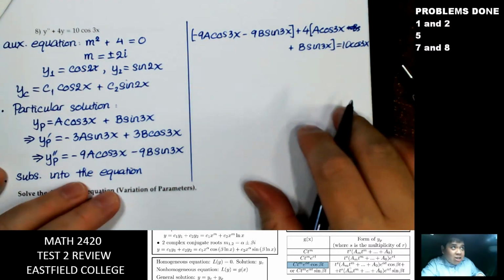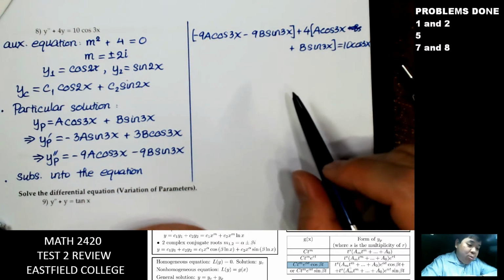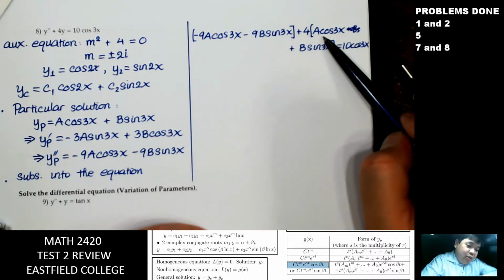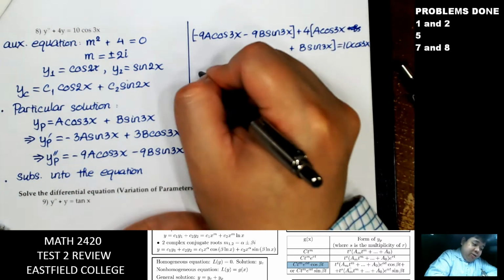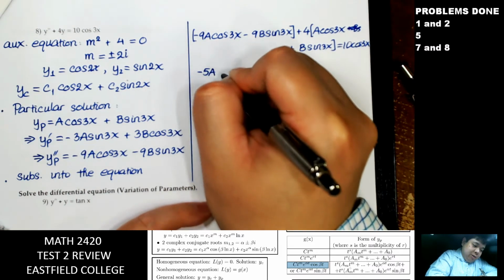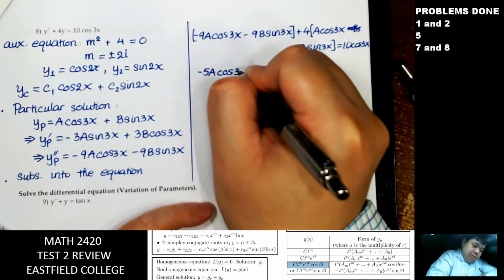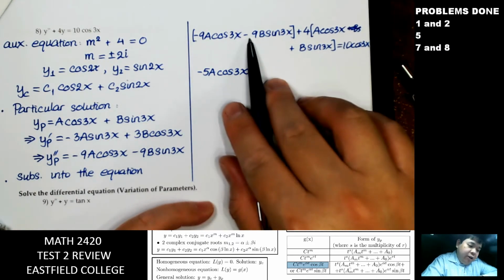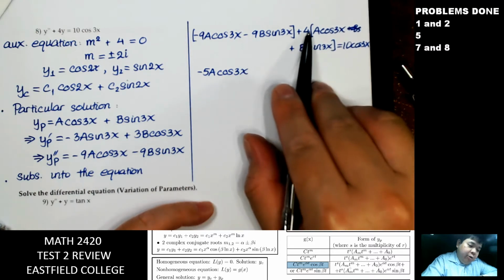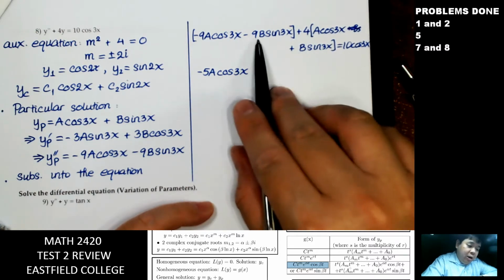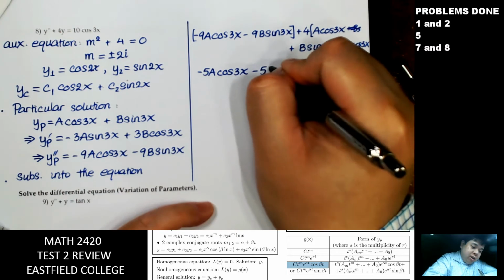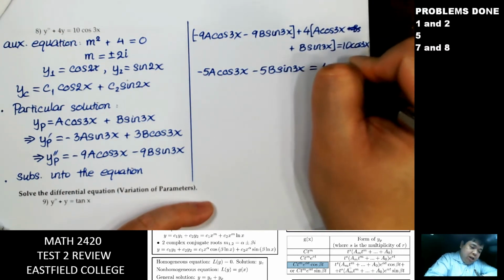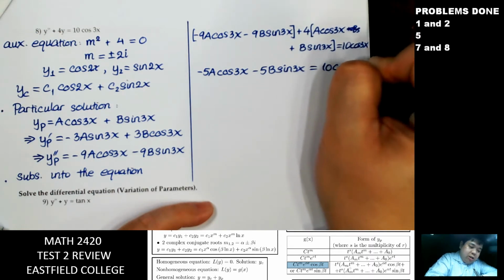Right. Like I said, this problem usually takes a lot of space. So negative 9a cosine and 4a, that would be negative 5a. And the b, negative 9b plus 4b, so negative 5b sine 3x, and equal to 10 cosine 3x.